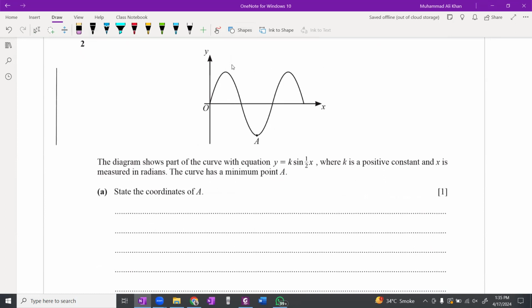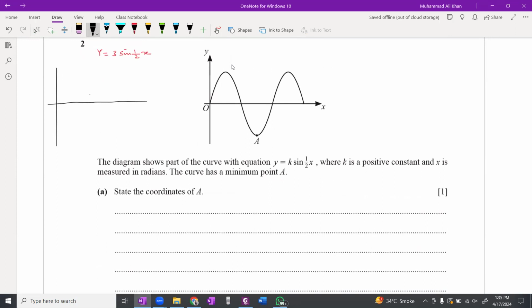I'm making a curve of sine. I'm making a curve of, let's say, y equals 3 sine half x.